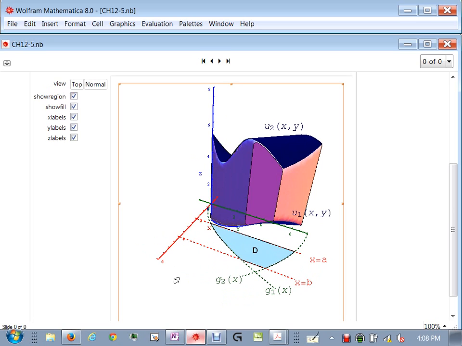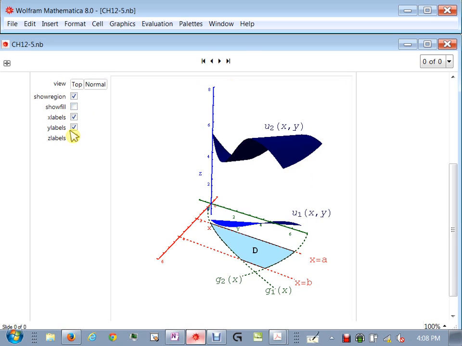The top and the bottom are bounded by two surfaces. So I'm going to take the middle of that solid out. So if you look at it this way, your x's are stuck between two constants, right? x is between two constants, y is stuck between two functions of x, g1 and g2, yes?